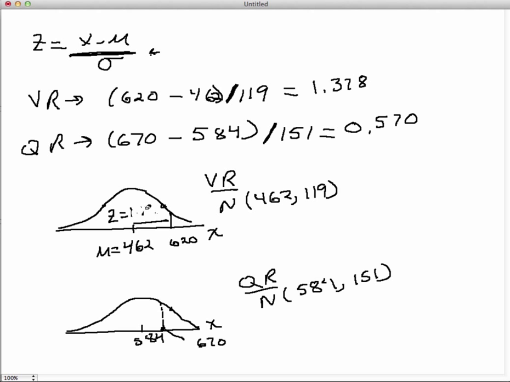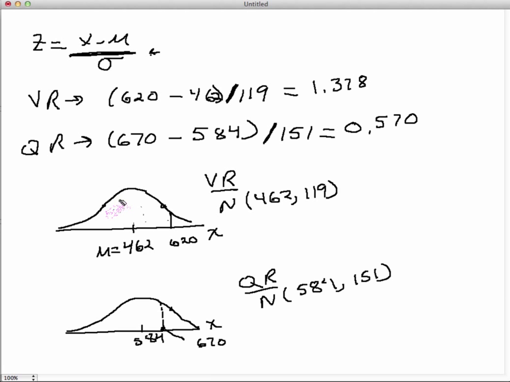Okay, so when they ask you for the percentiles, what they're asking you for is what percentage of folks fell below them. I mean, what percent were they at? So when you get back your GRE score, one of the things they give you is your percentile. So they say, if you fell in the 77th percentile, that means 77% of the people fell below you. So to calculate those numbers, what I need to do is find the area below my particular score.